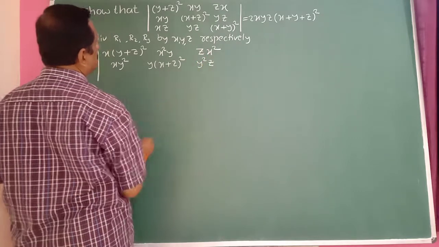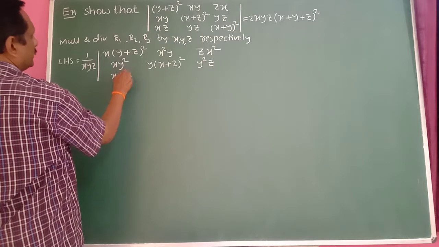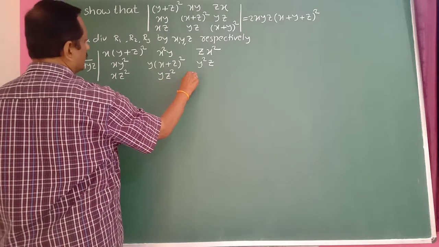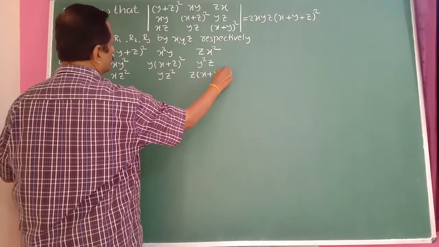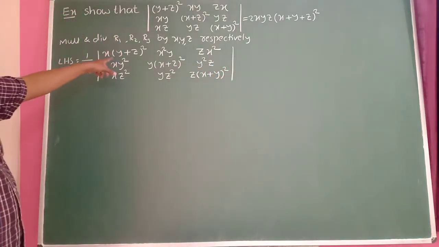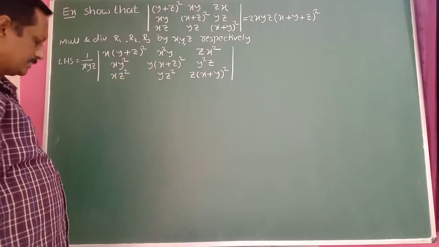Multiplying the third row by z: xz square, then yz square, then z into x plus y whole square. Now take x common from the first column, y from the second, z from the third.